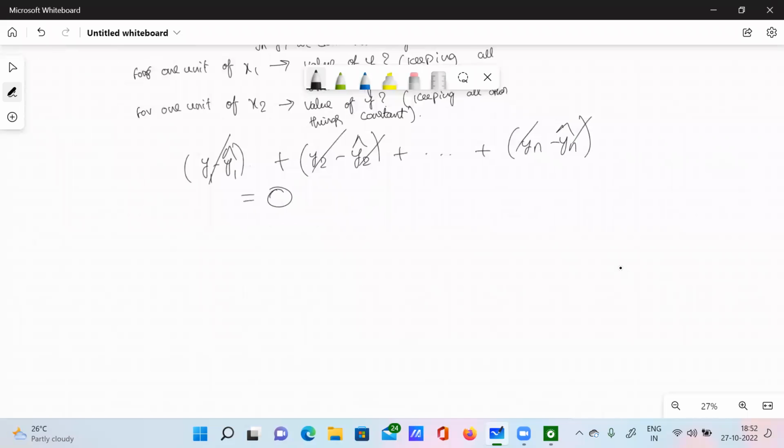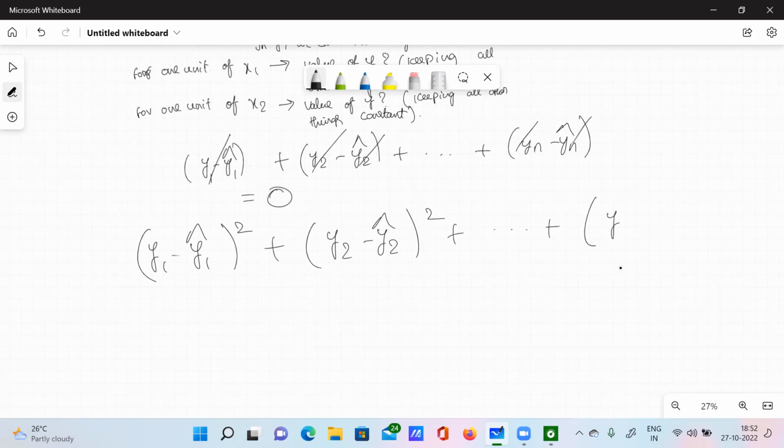So how do we avoid this kind of situation? To avoid it, you just need to square it up. For example, y1 minus y1 hat whole square, plus y2 minus y2 hat whole square, and so on, plus yn minus yn hat whole square, right?